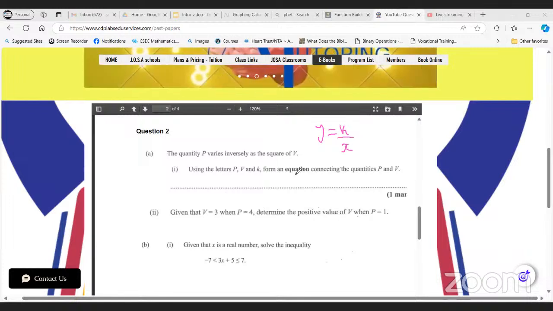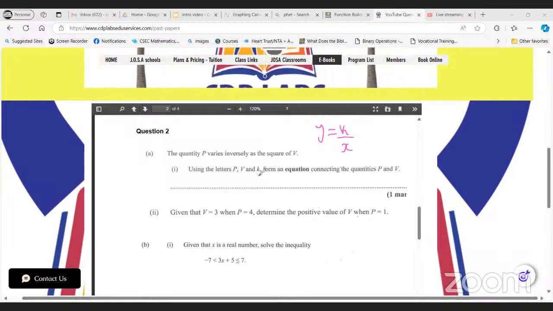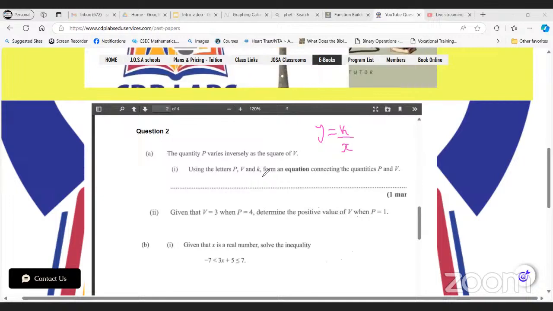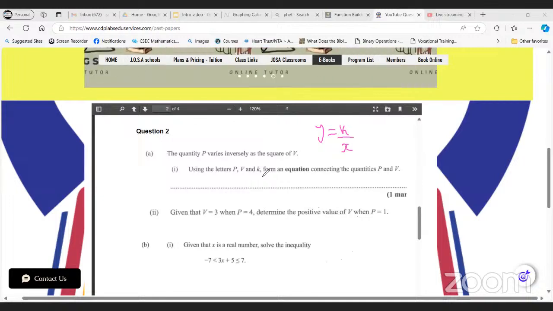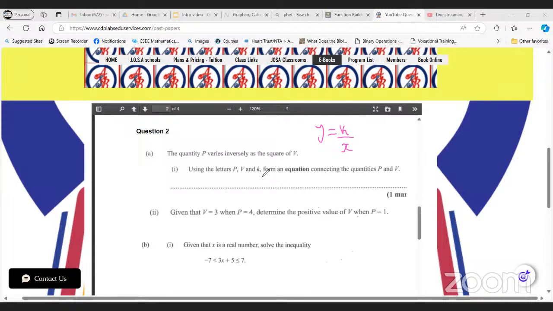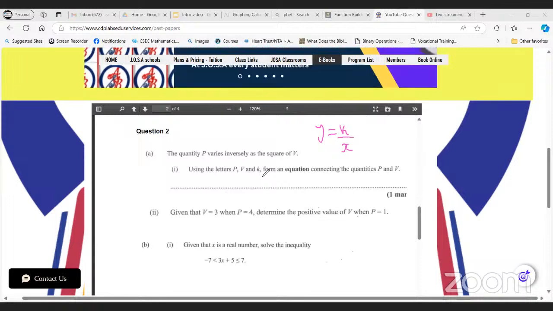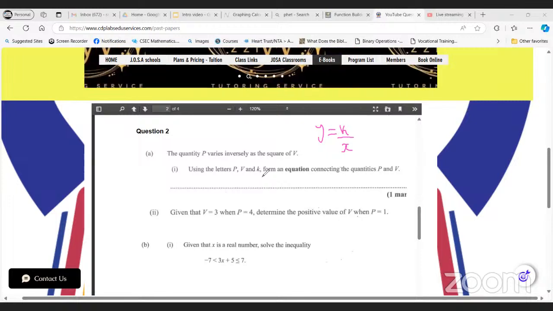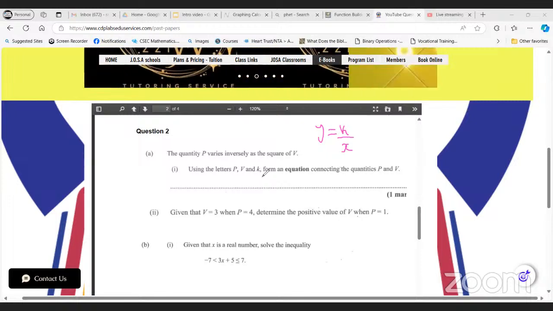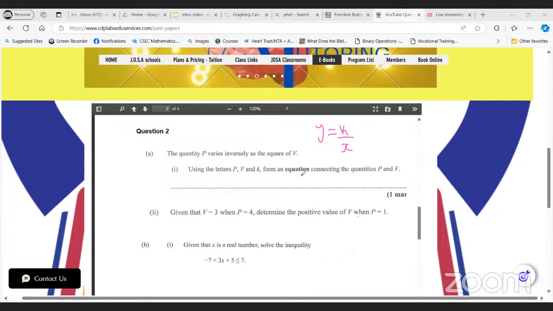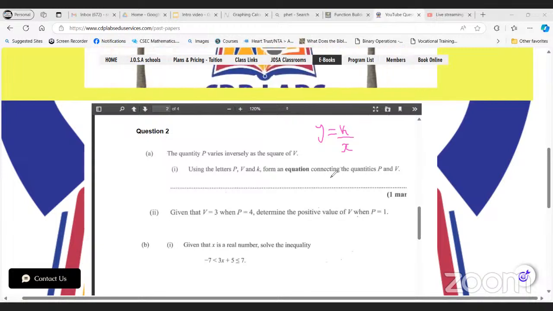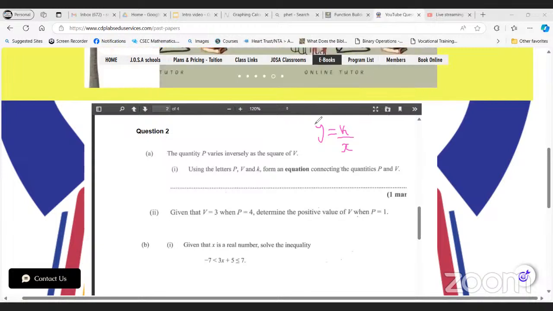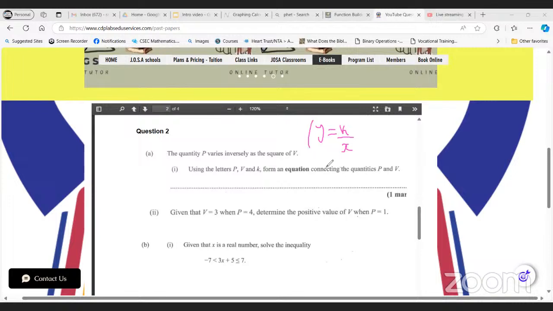Note it says use the letters P, V, and K. It means that in the equation that you're going to form, the letters P, V, and K must be a part of it. Now it's one mark, so it's not that difficult, right? Form an equation connecting the quantities P and V. So let's do that. Remember, this is the format.